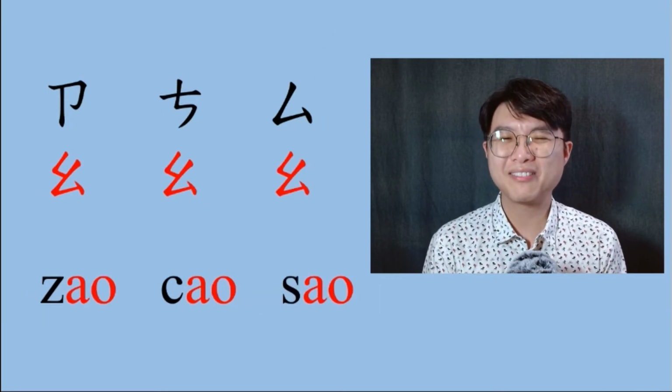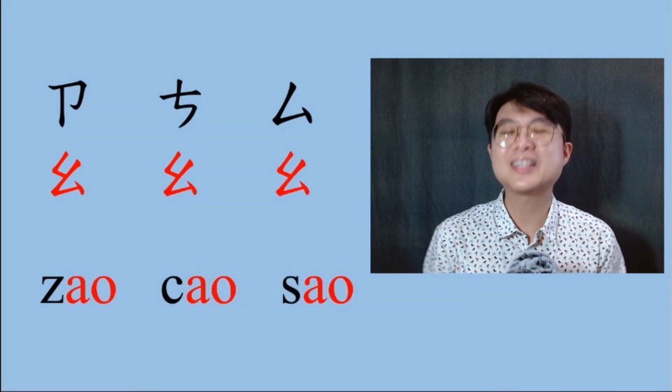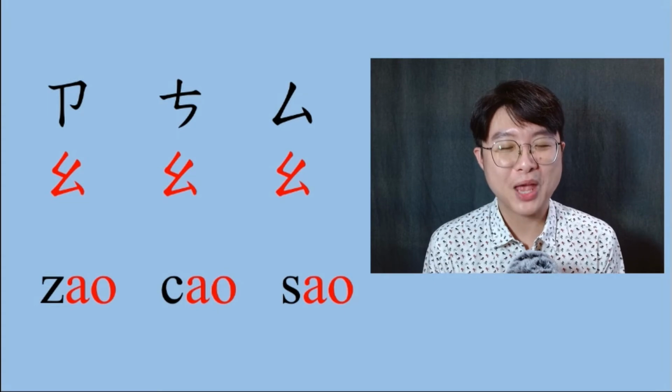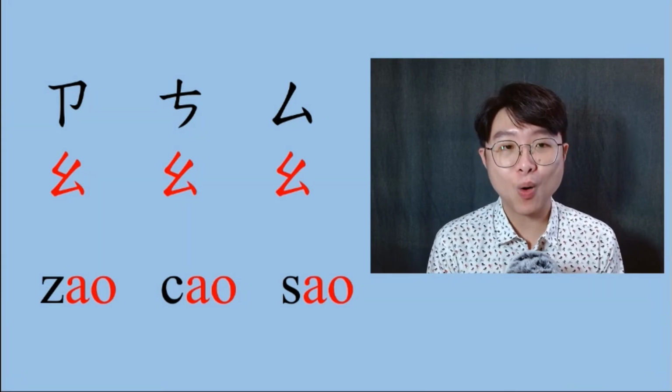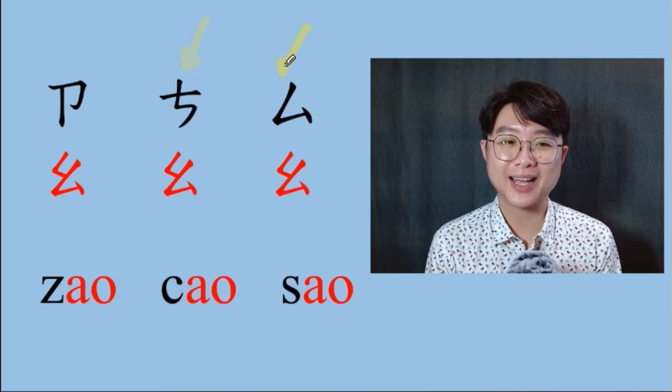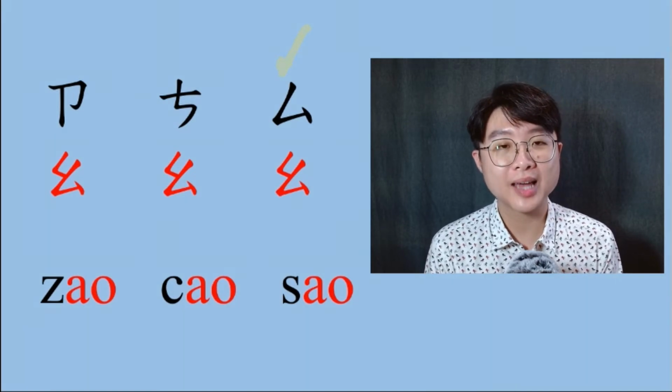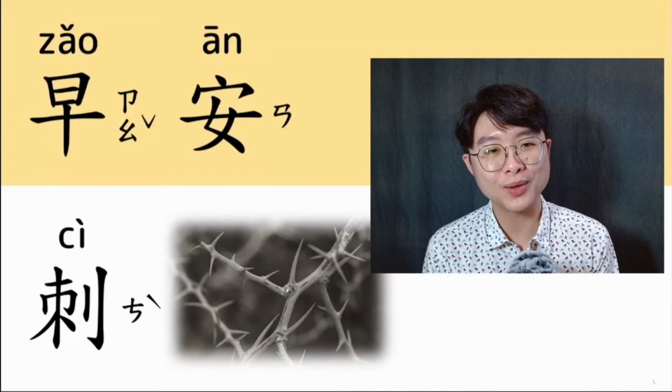Maybe right now they sound a little bit confusing. Let's have more practice. When z, c, s go with ao, it sounds like zao, cao, sao.